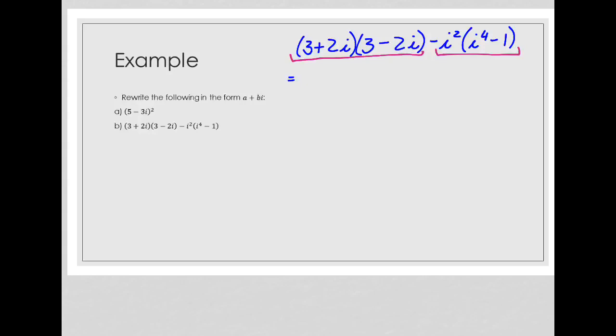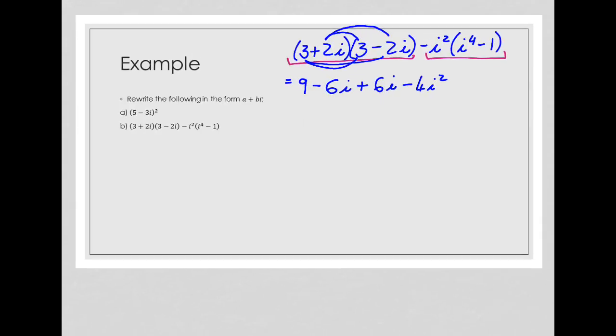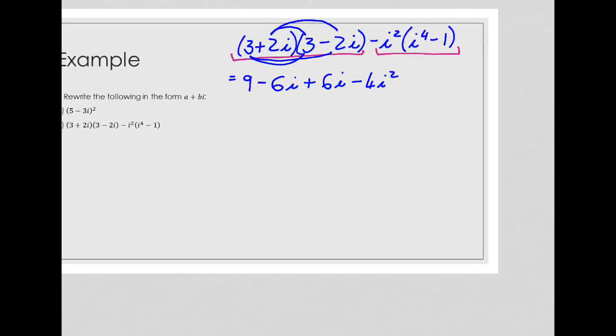Here we have 3 times 3, which is 9. 3 times negative 2i is negative 6i. 2i times 3 is plus 6i. And then 2i times negative 2i is negative 4i squared. Now for the second part, negative i squared.